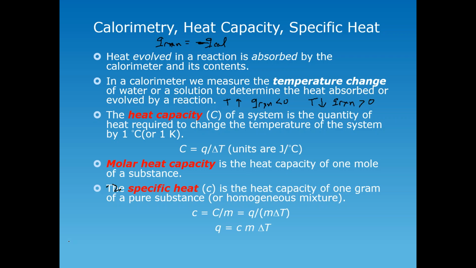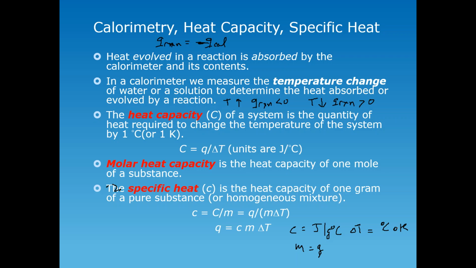So the units of C would be joules per gram degree Celsius. M is in grams, and delta T is in degrees Celsius or Kelvin.